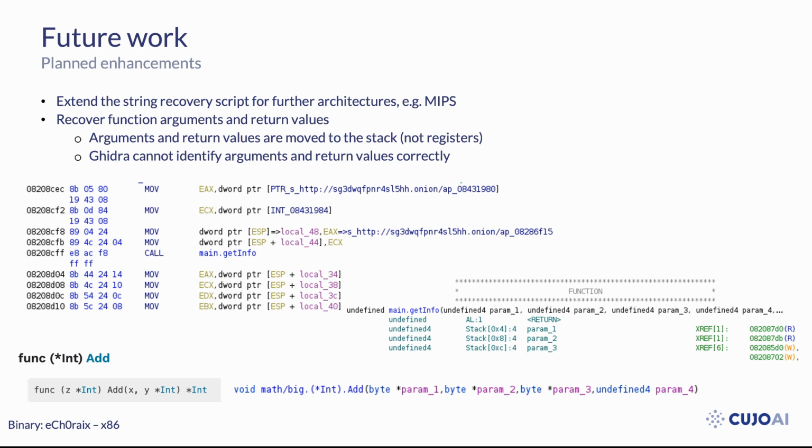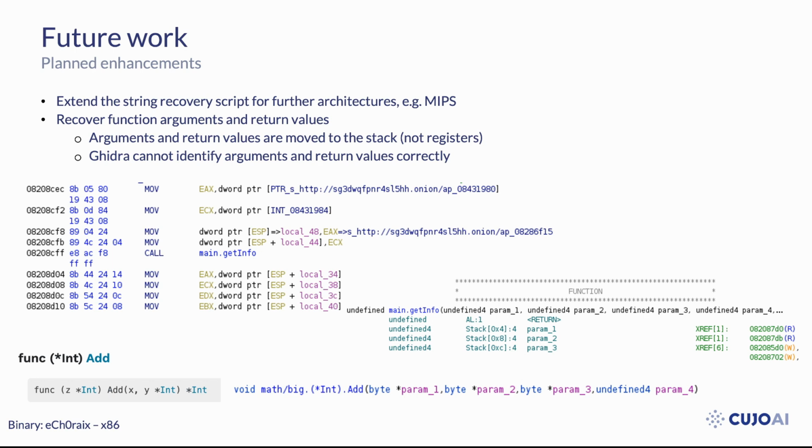How can we recover functions? How can we recover strings? First of all, obviously, we have to work on the string recovery script, including further architectures and keeping up if anything new is coming up or any changes happening. The other interesting thing is to recover function arguments and return values.